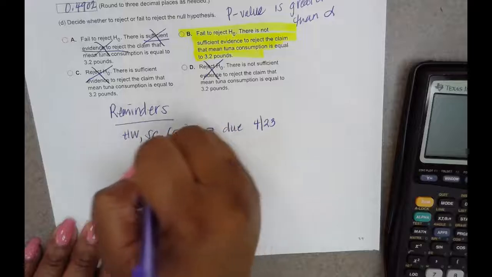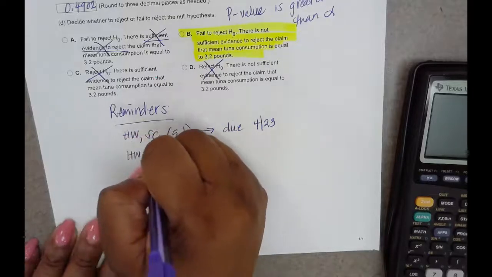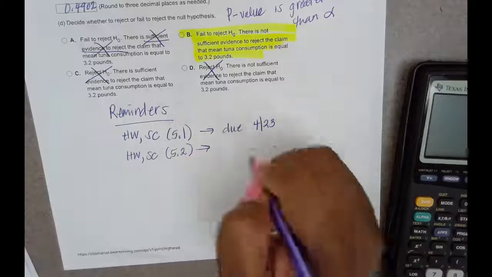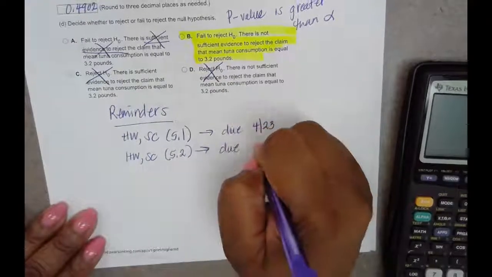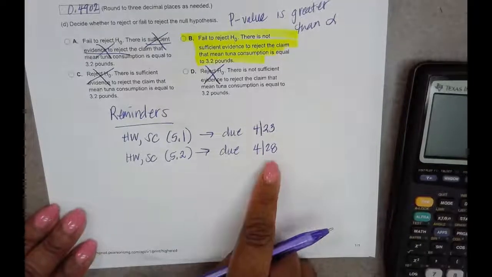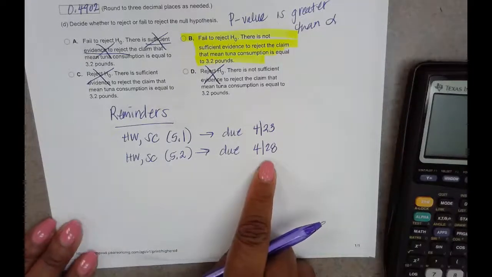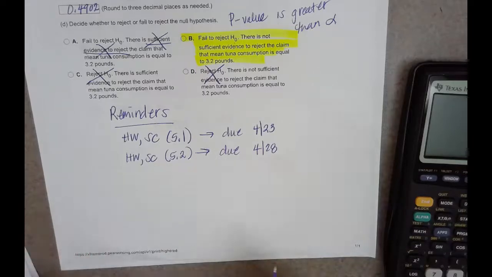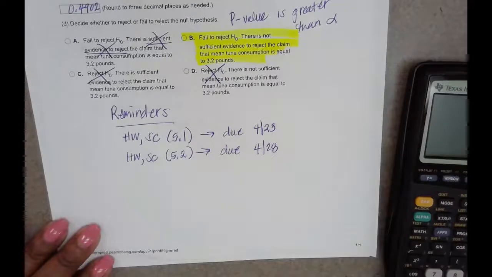The homework self-check for 5.2 will be due by 4/28. So you won't have as much time. It'll open up after we have class on the 23rd, but it'll be due on the 28th.